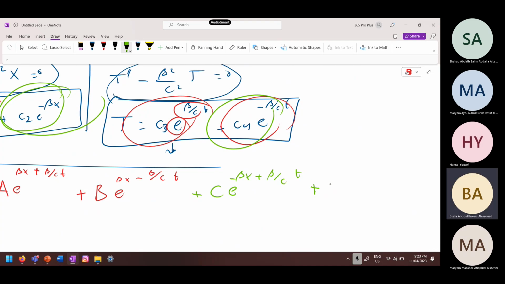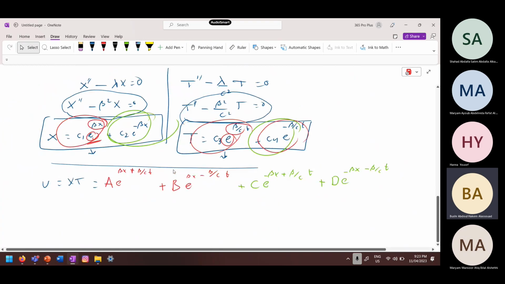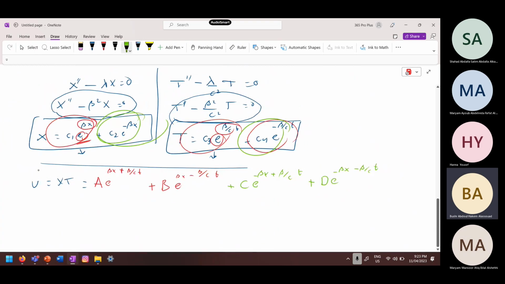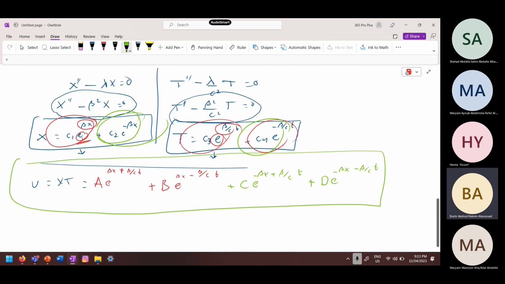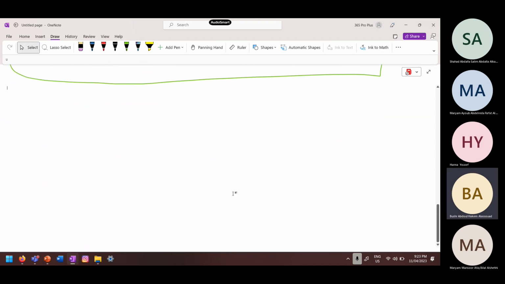A constant multiplied with a constant, D, same base. Find the summation of the exponents. Beta x minus beta over c t. Now this is the second solution of the PDE. Okay, we're not done yet. We need to find the third case or the third solution. Case 3, lambda is equal to negative beta square.